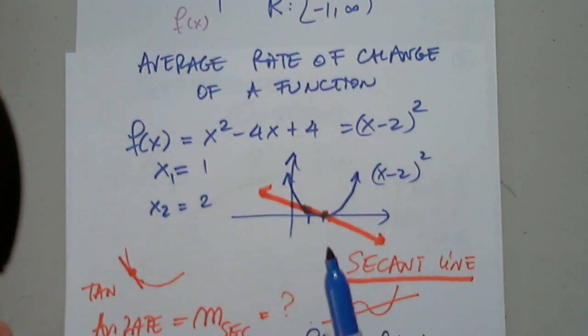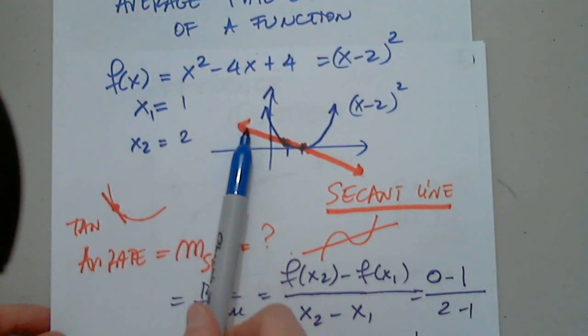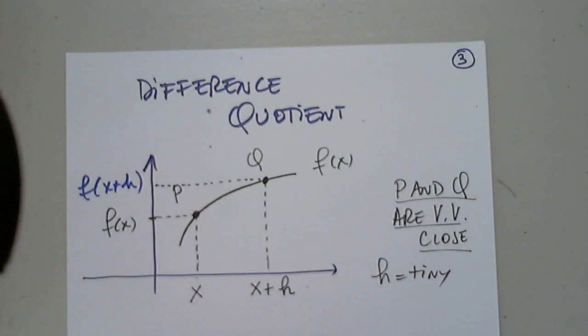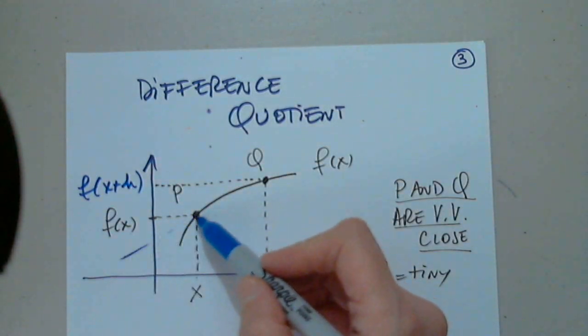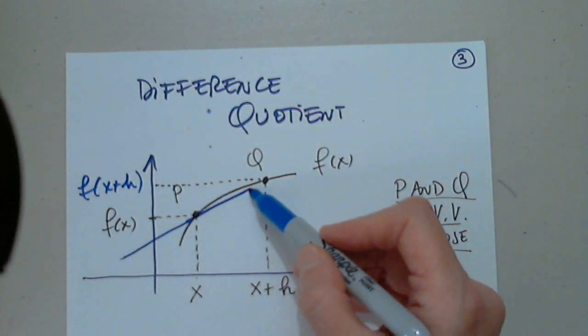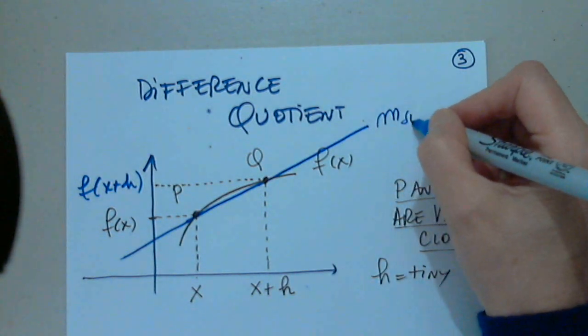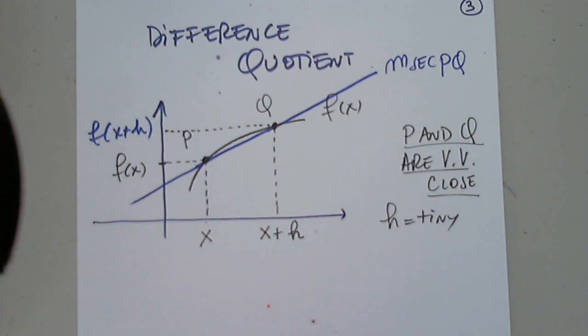We were asked to find the average rate, and it's basically the slope of this secant line. So just imagine that I draw this line through these 2 points. I want to determine the slope of the secant line PQ, exactly how we did it a few minutes ago. So secant line PQ. Can anyone tell us what it is?